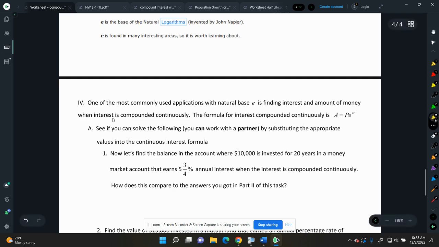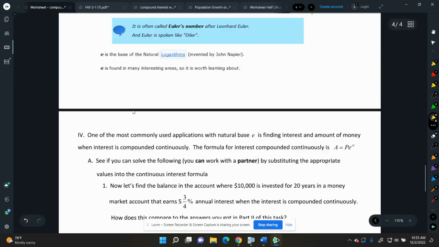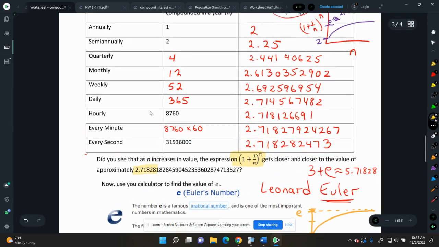So I can compound monthly, which means 12 times a year, weekly, 52 times a year, daily, 365 times a year. I could compound every hour, so 8,760 times a year. We could compound every second, but we can also compound continuously.